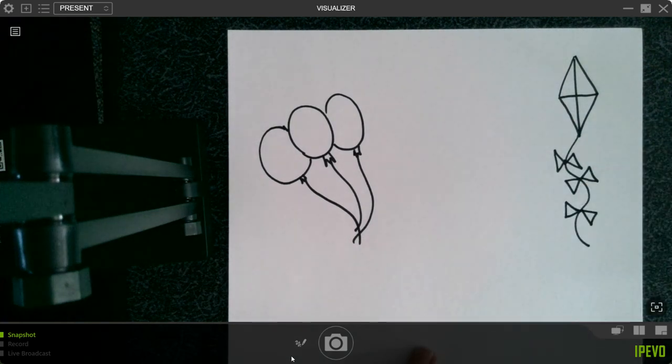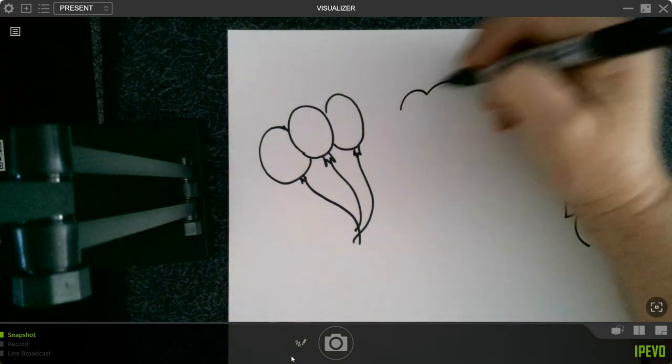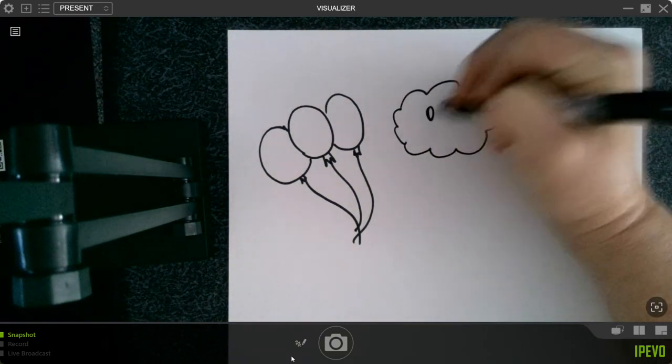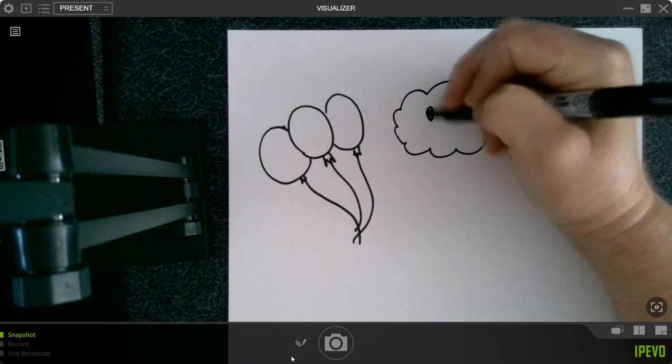So remember, we all draw the idea in our own way, or we draw a free choice doodle. I think I'd like to draw a cloud. And I think I'm going to make this cloud a rain cloud.